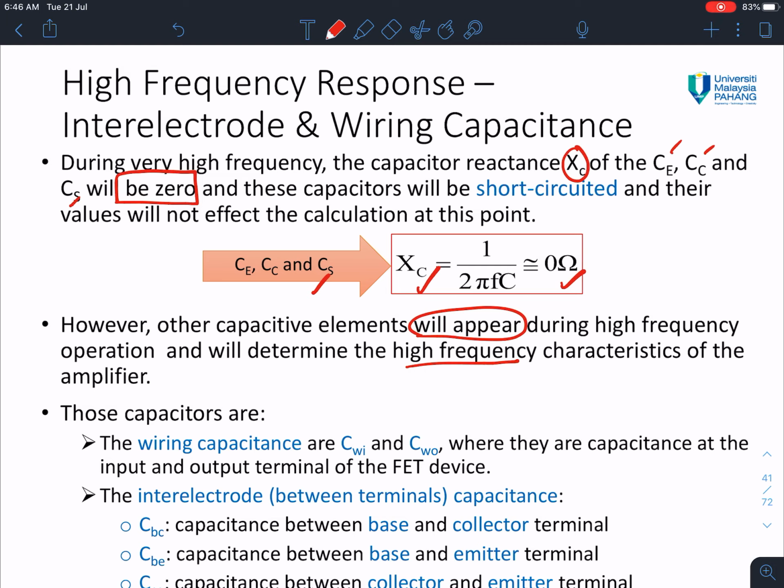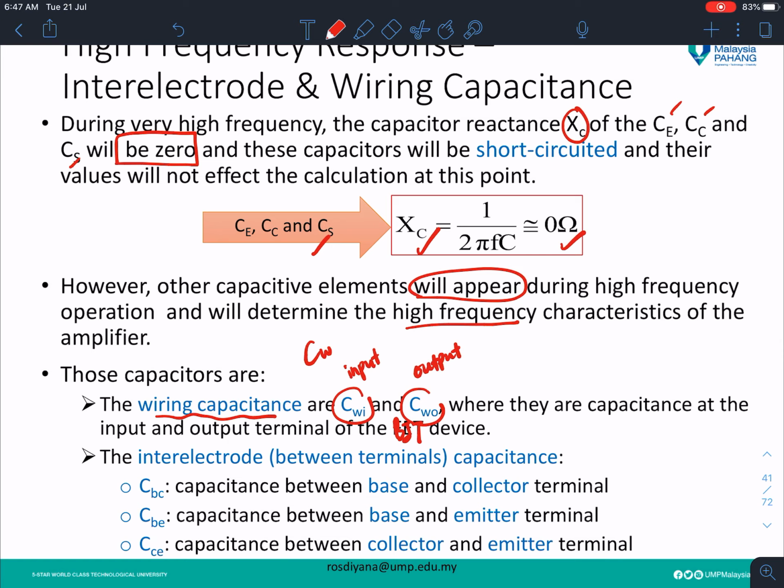Those capacitors are, first, the wiring capacitances, a new capacitance, CW in and CW out, one for input and one for output. W is for wiring, where there is capacitance at the input and output terminals of the BJT device.